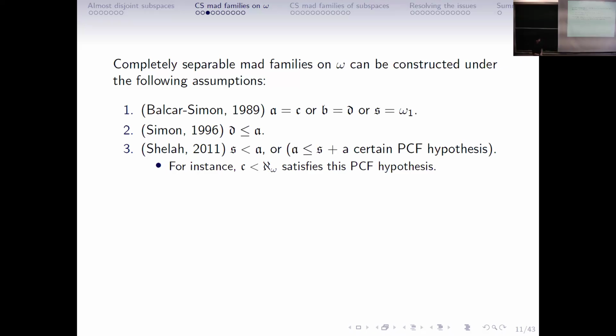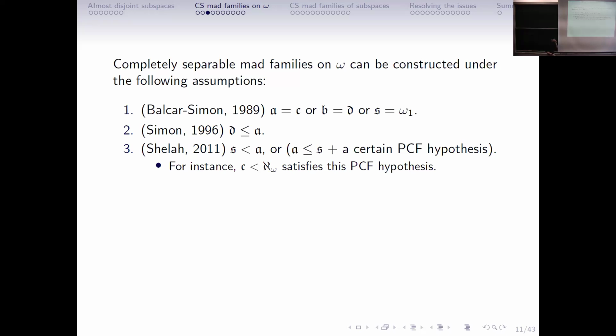So there are three cases: the case S equals A, and the case A less than S, and they use different hypotheses. It's not the same hypothesis. Oh, I see. So it's A equals S plus a weak PCF hypothesis, and A less than S plus a stronger PCF hypothesis. I see. Not the same. Okay, I'll make the adjustments.